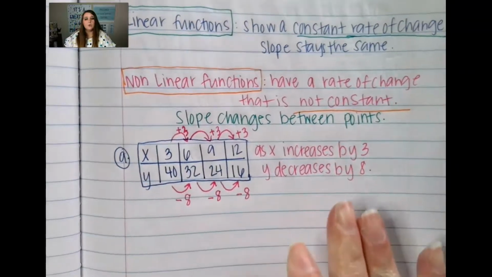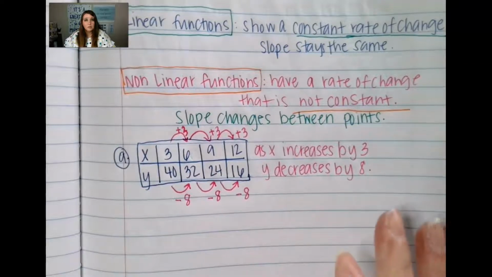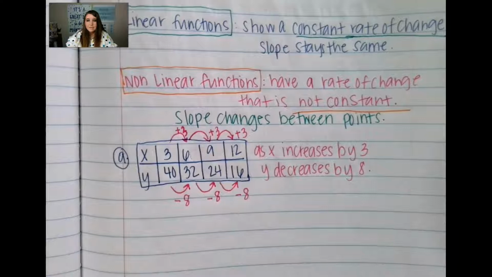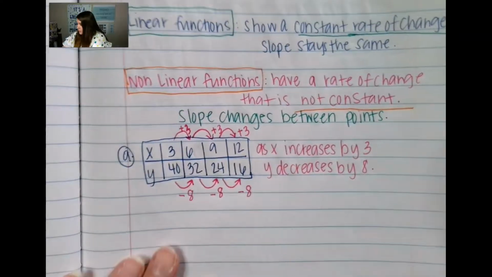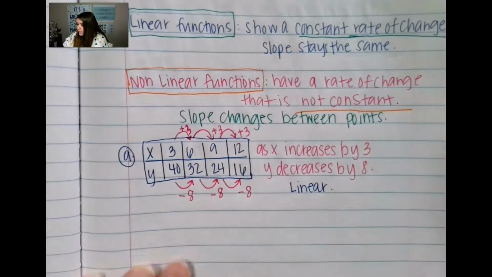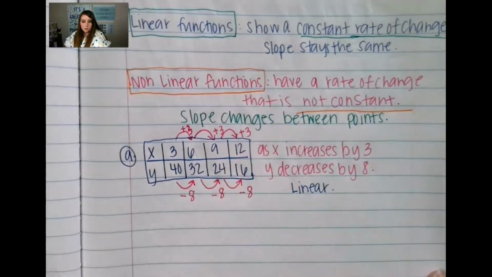This rate of change is constant. So this table is a linear table. So this is linear because of the rate of change.